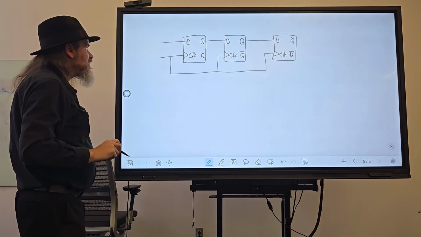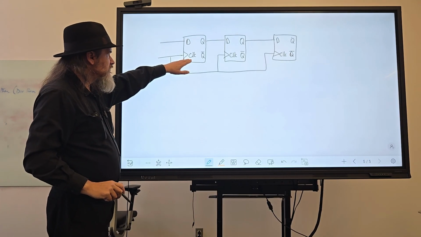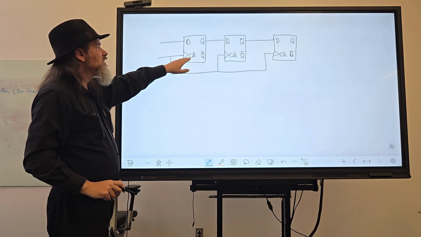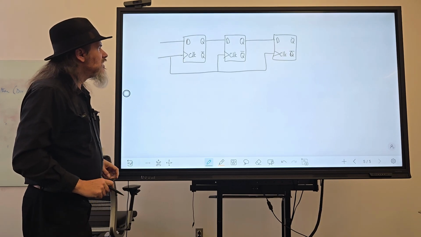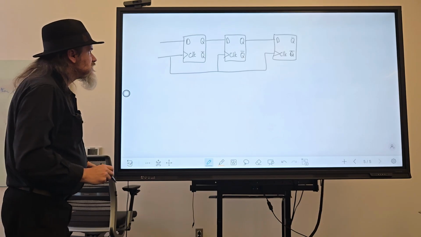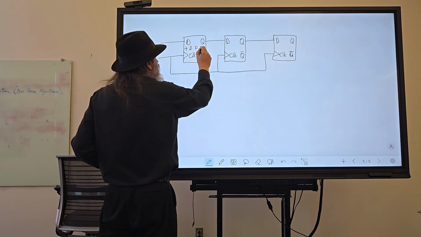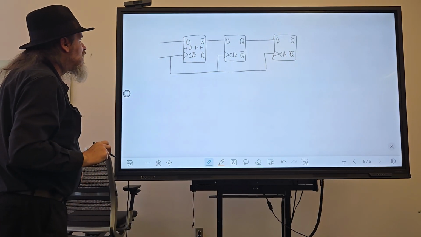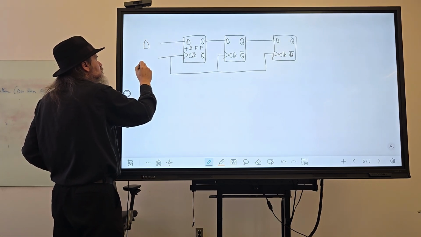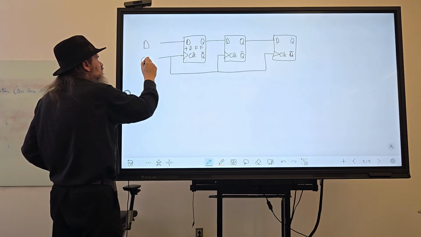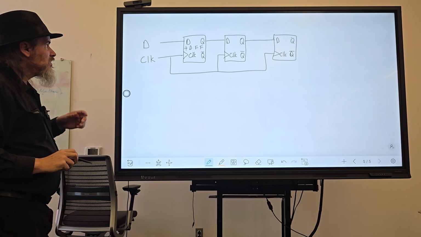So you have, in this configuration, positive edge triggered D flip-flops. That's what the clock with the symbol here means. That is a positive D flip-flop, and you have D coming in and your clock in.